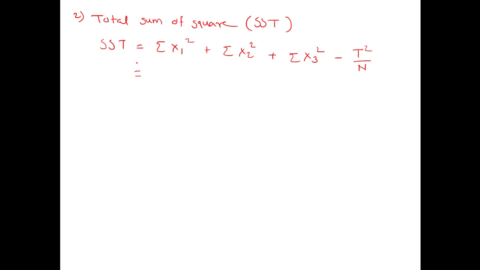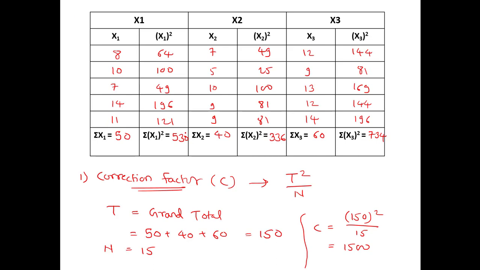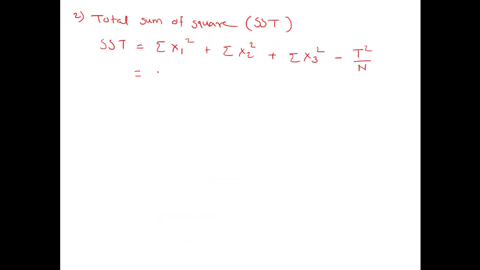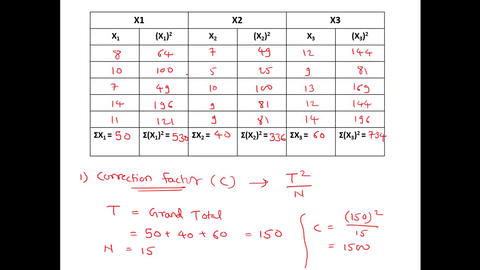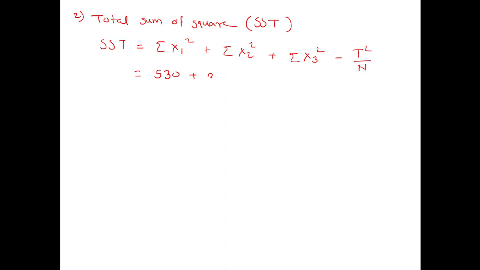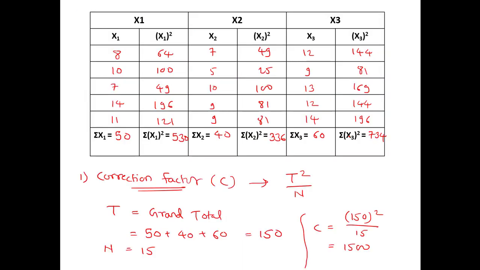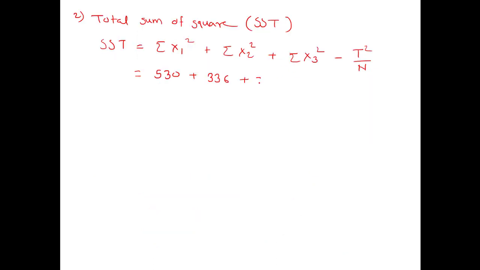So here summation of x1 square means 530, summation of x2 square means 336, plus summation of x3 square means 734, minus correction factor which is 1500 we just had calculated.